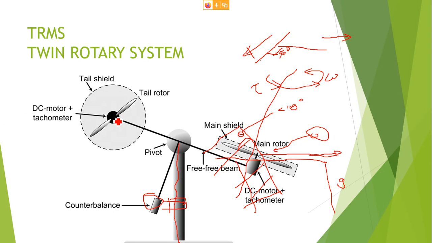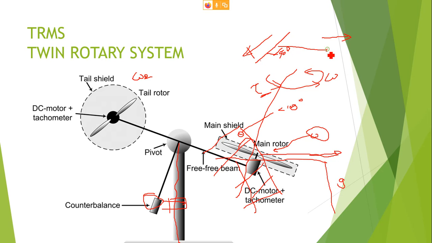If the tail blade fails, in most cases it will lead to a lot of accidents. So the tail blade should be maintained at a variable RPM, here called omega 2. Only the RPM is varied, in order to compensate this torque.